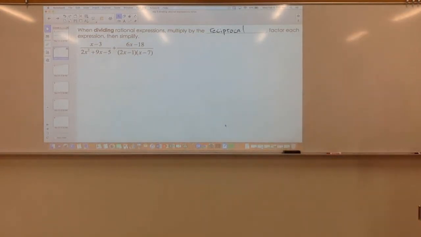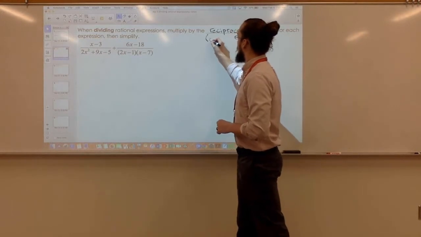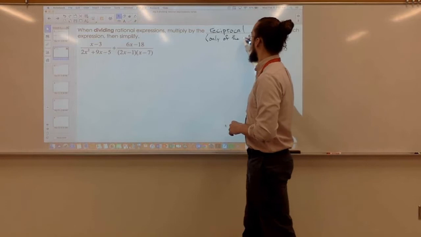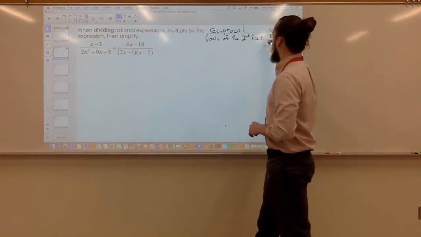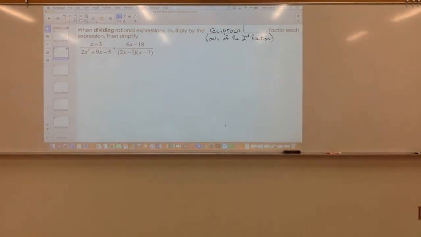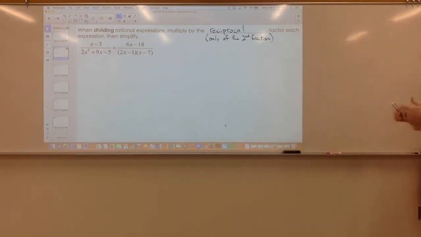And we should make sure we understand that it's only the second fraction. We're not flipping both of them. We're only flipping the second one. We're only taking the reciprocal of the second rational expression. Factor each of them, and then simplify.